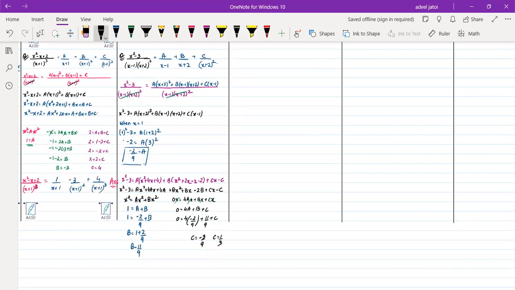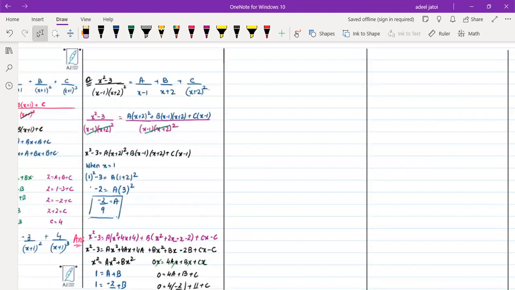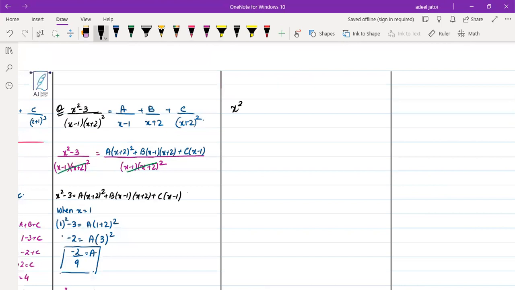So finally, we can write the answer for the form that was given initially. That was x square minus 3 upon (x minus 1)(x plus 2) whole square. Your a was minus 2 upon 9, x minus 1. Your b was 11 upon 9, which is x plus 2.